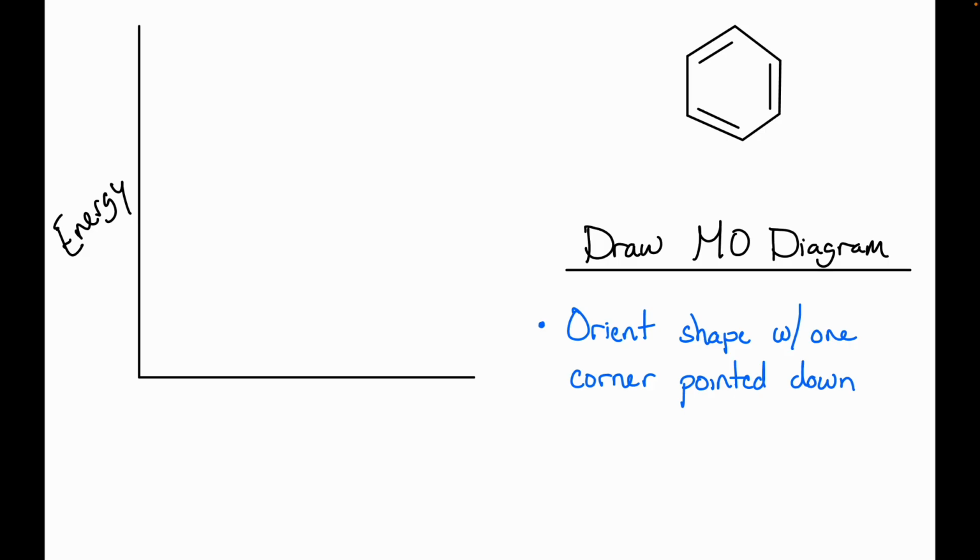Okay, so what do I mean by that? Our normal way of, at least for me, the normal way in which I draw these cyclic structures that have 6 carbons is to have one of those corners pointed down, right? That's just how I tend to draw it on the page.